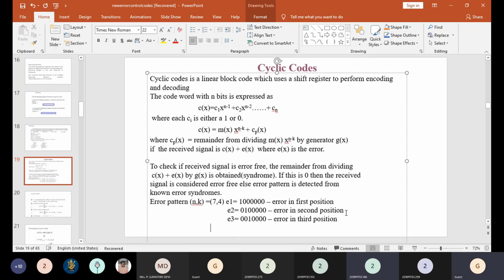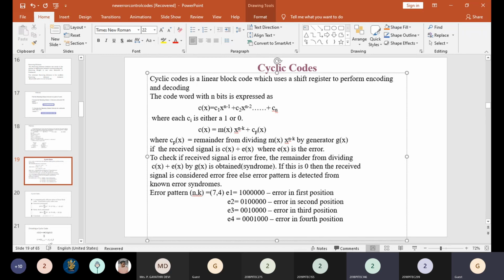Likewise E4 is 0 0 0 1 0 0 0, an error in the fourth position. So you can have a vector matrix of these.